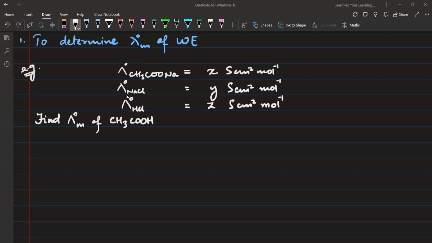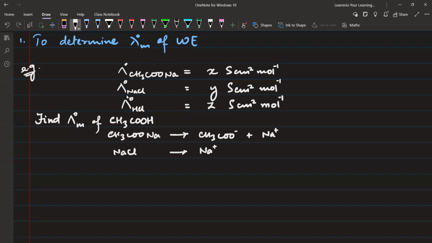For example, I have been given the three data. I can write that CH3COONa is going to get dissociated into CH3COO negative plus Na positive. Then NaCl is going to get dissociated as Na positive and Cl negative.